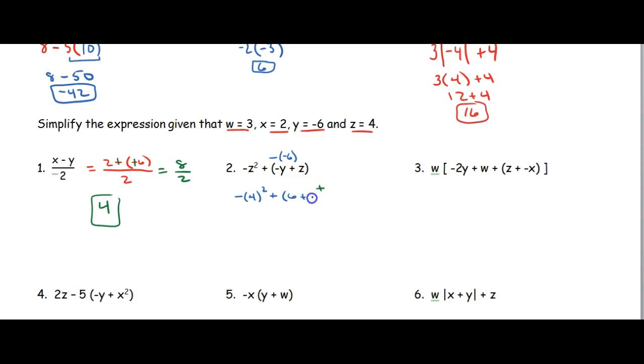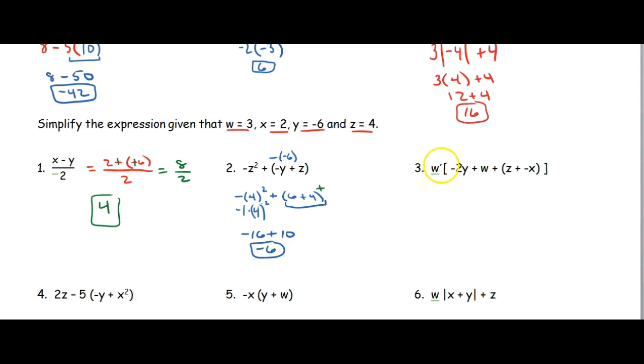Okay? Plus z is 4. And now we can go ahead and simplify. Remember, we said this is like doing negative 1 times 4 squared. And when we do that, that's going to give us negative 16 plus 6 plus 4 in parentheses will give us 10. Negative 16 plus 10 is negative 6.